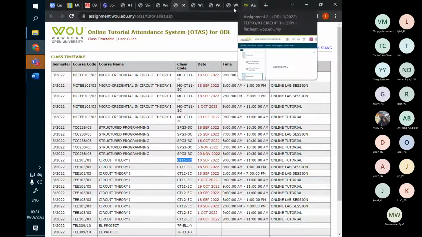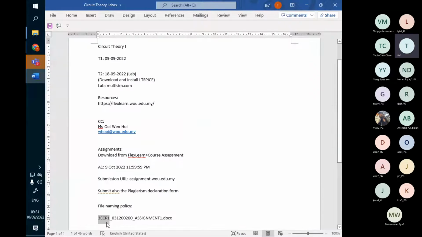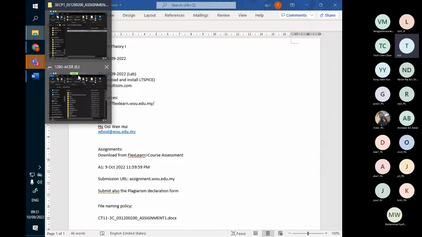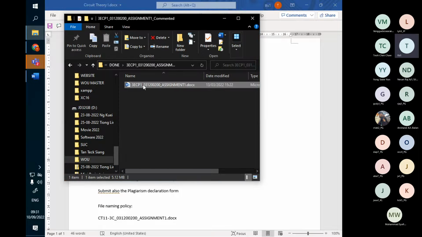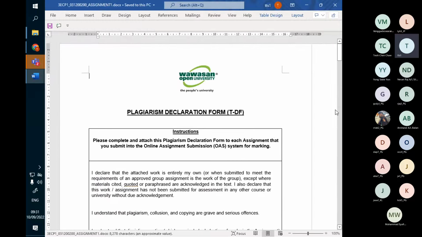So you name your file CT113C, followed by your student ID, give a space, underscore, and then assignment 1 dot Microsoft Word.